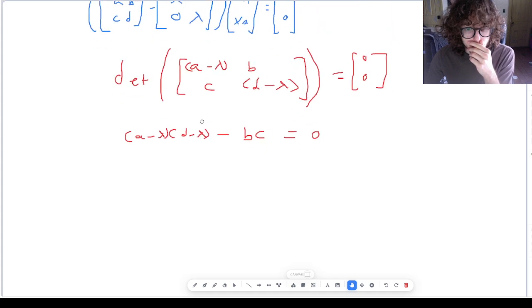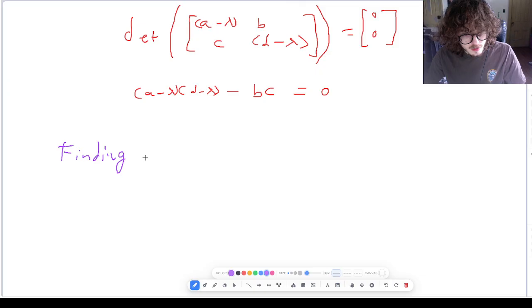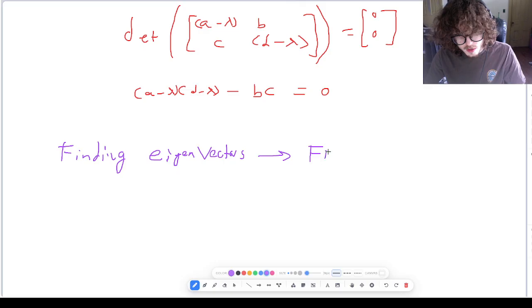So let's go ahead and make an algorithm for finding eigenvectors. Let me change the color here so it's a little nicer. Well, what we need to do is find what's called the eigenspace.